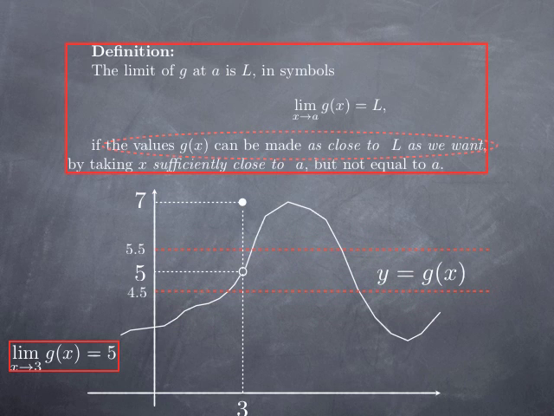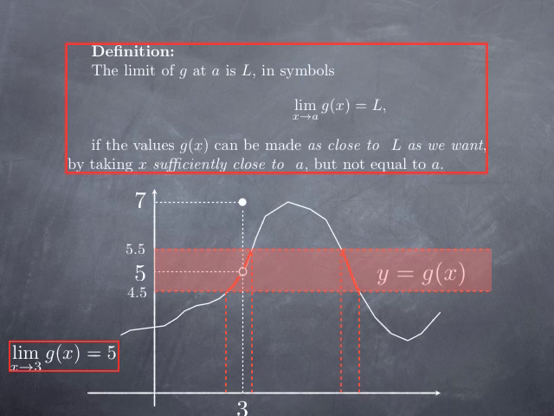That means we want the values g of x to fall within this horizontal band. In other words, we are looking at the parts of the graph that fall in that band, and we see that for these values of x, g of x will be indeed between 4.5 and 5.5.